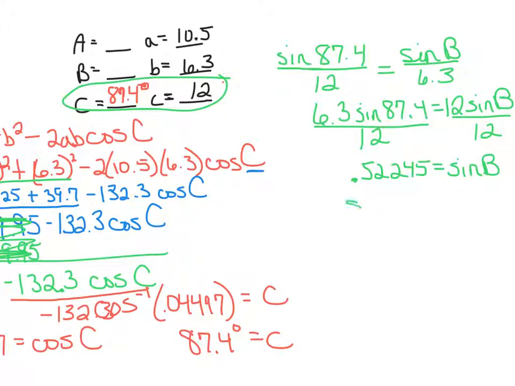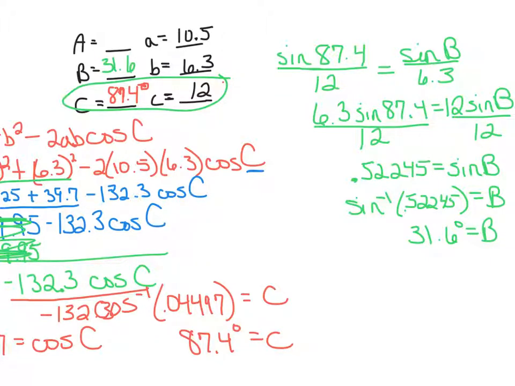And then I take the inverse sine of 0.52245, and I get B equals 31.6 degrees.